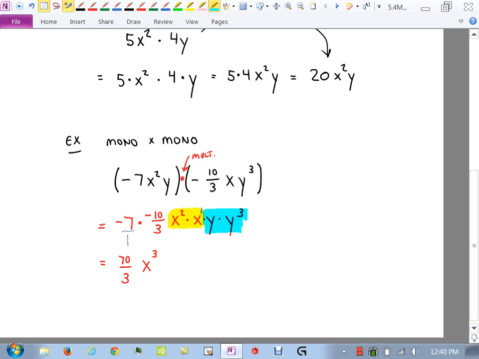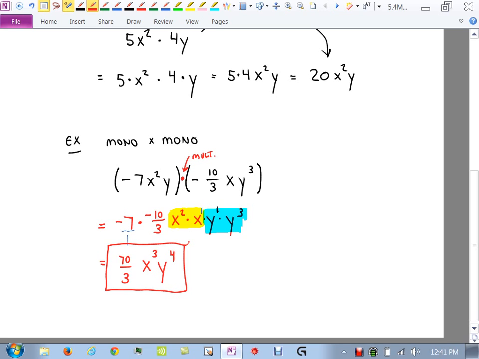Y to the what? 4th, because that's a 1 right there. So I get y to the 4th. And we are done. So you see with multiplication, you don't have to have like terms to be able to do it. You just have to be able to combine numbers together with multiplication and then the variables using the exponent rule where you add the exponents.